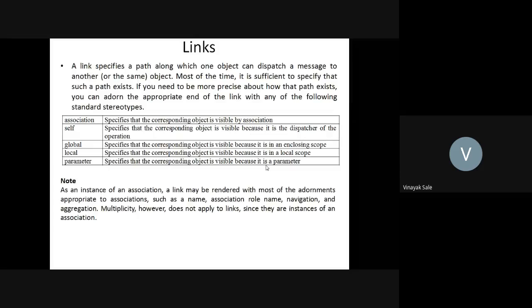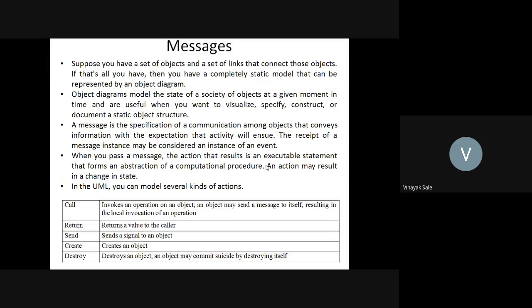So, as an instance of an association, a link may be rendered with most of the adornments appropriate to associations, such as name, association role name, navigation, and aggregation. Multiplicity, however, does not apply to links since they are instances of an association. Then what is a message? Suppose you have a set of objects and a set of links that connect those objects.